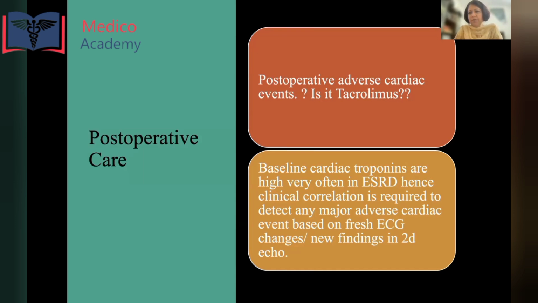It is very important to mention that cardiac troponin levels can be elevated in patients of end-stage renal disease without any underlying adverse cardiac event. This is probably related to the metabolism of these troponins. To diagnose an adverse cardiac event, one must clinically correlate the symptoms with any fresh changes in ECG, any fresh change in 2D echo, and of course, the trend over 24 hours of the troponin levels.